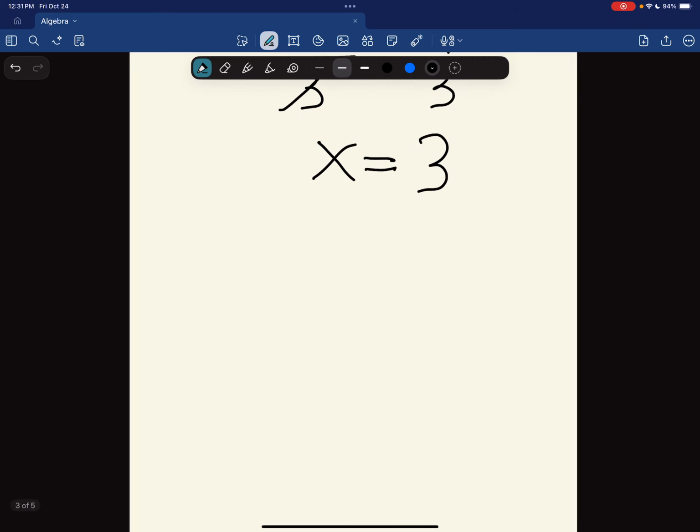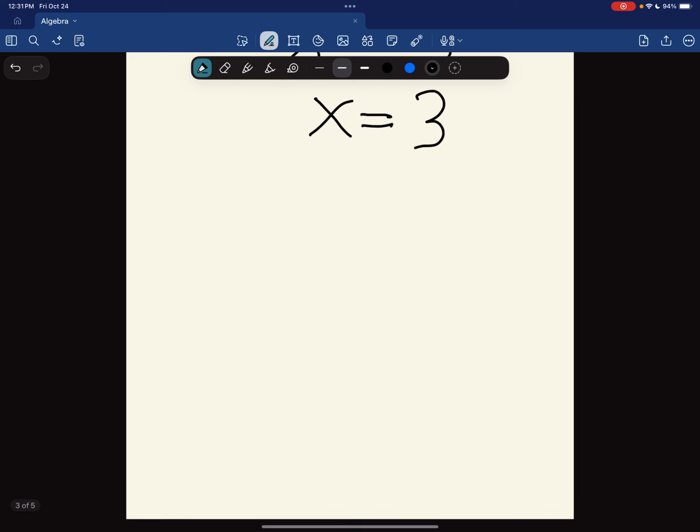Okay, now let's do another example, except this time we have x divided by 3 is equal to 5. Again, we want to isolate our variable x. Since we have x divided by 3, we're going to do the opposite operation, which is multiply by 3.